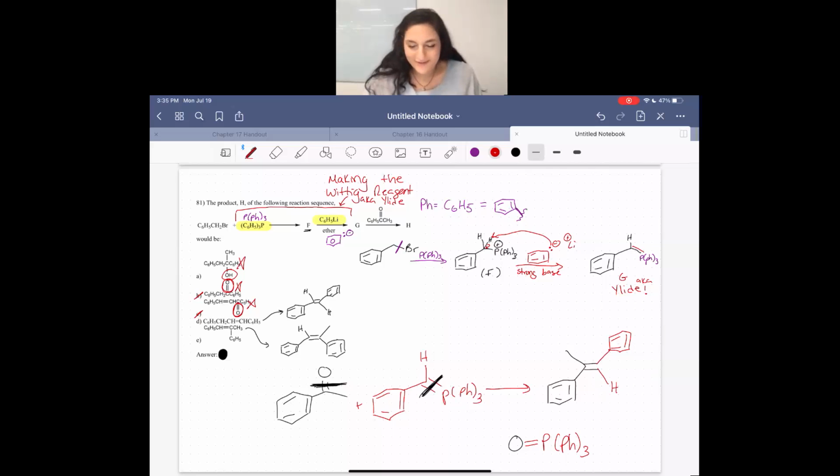Okay, cool. Thank you very much. So a couple people said E, a couple people said D, and I purposely drew it this way to trick you a little bit. I'm so sorry. So E is the correct answer because we're looking for the answer that has a methyl, two benzenes, and a hydrogen.